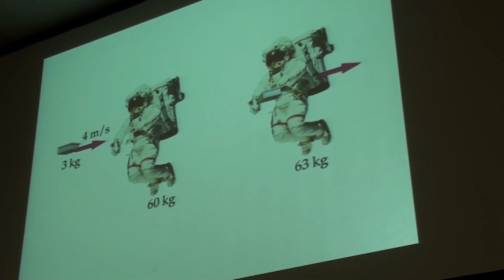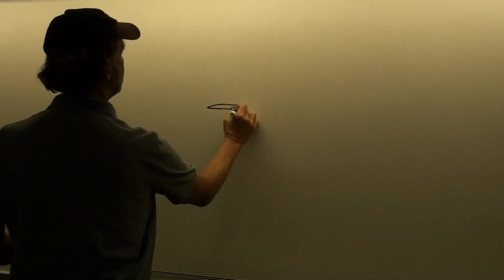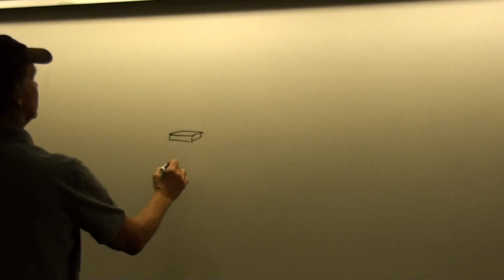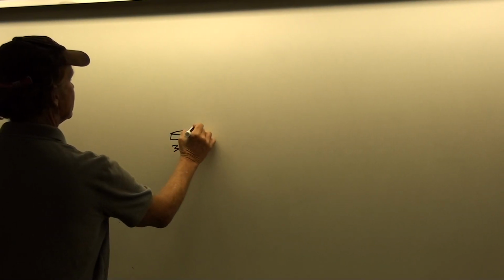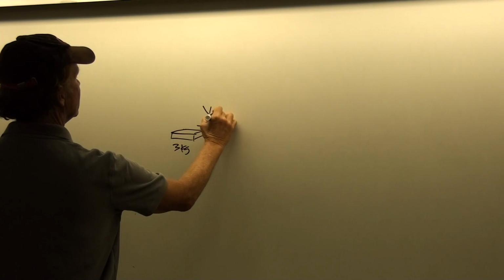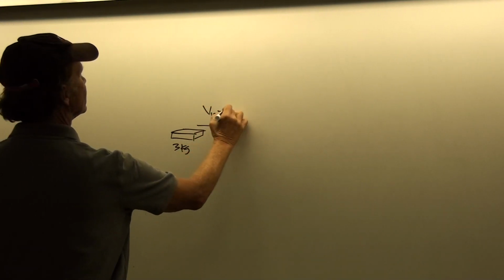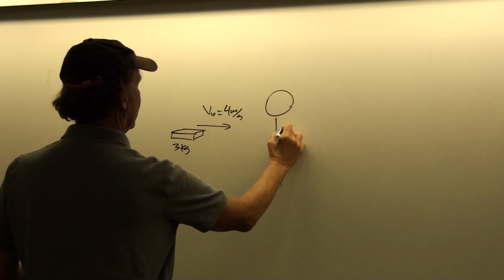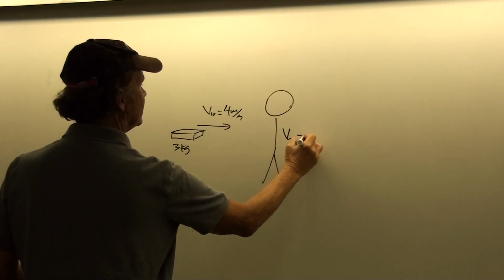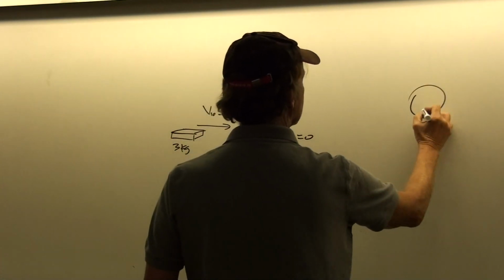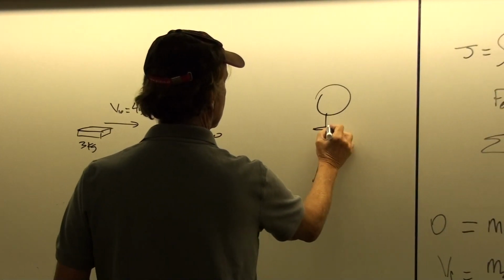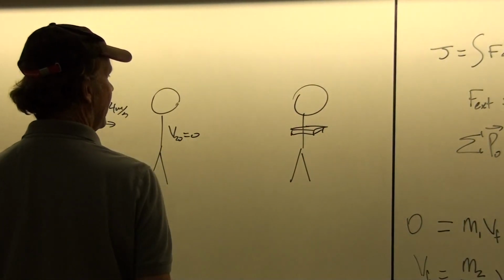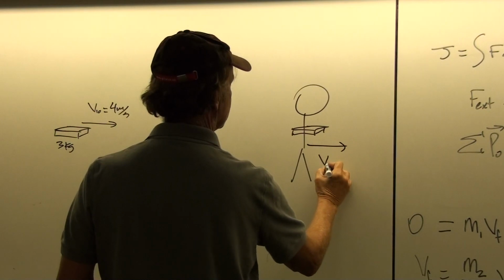Right, so this is our initial momentum then. It's not 0 in this case because initially before the collision, the 3 kilogram book is moving with a velocity of 4 meters per second. And so then the astronaut has an initial velocity of 0, but then after the collision, the book and the astronaut are moving with a velocity V final.